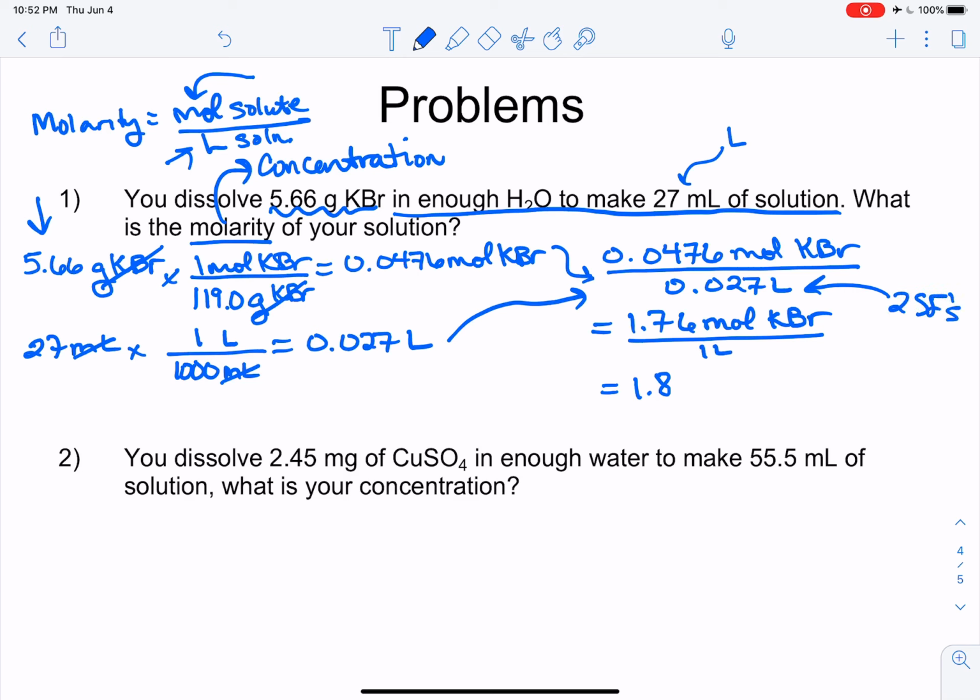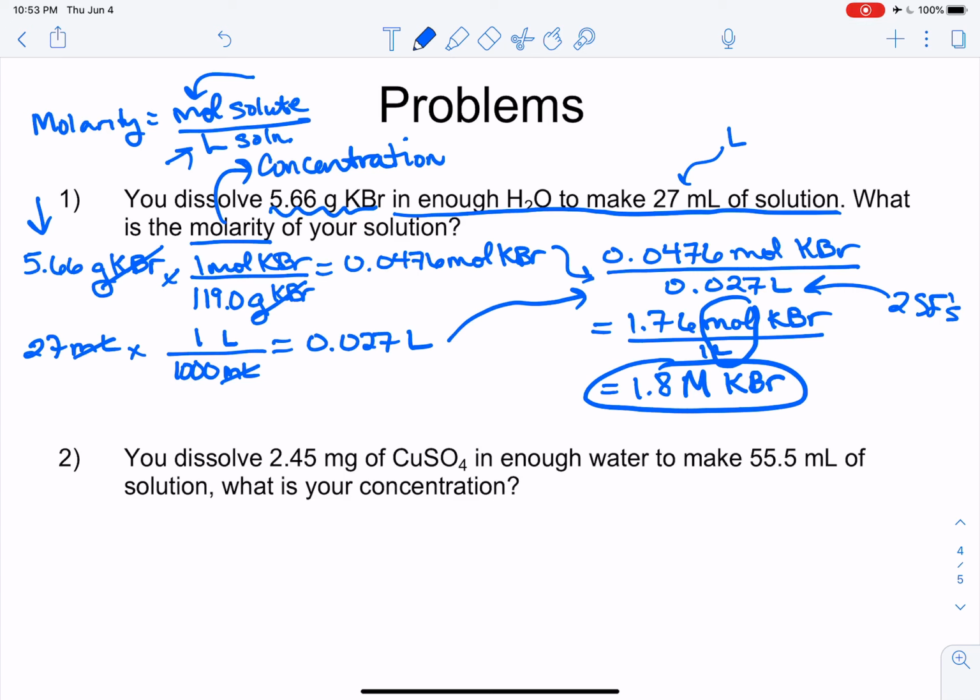And also, moles divided by liters right there is what? How else can we write it that takes up less space? We can write it as the big M, and we always want to put what our solute is. And that, my friends, would be the answer right there.